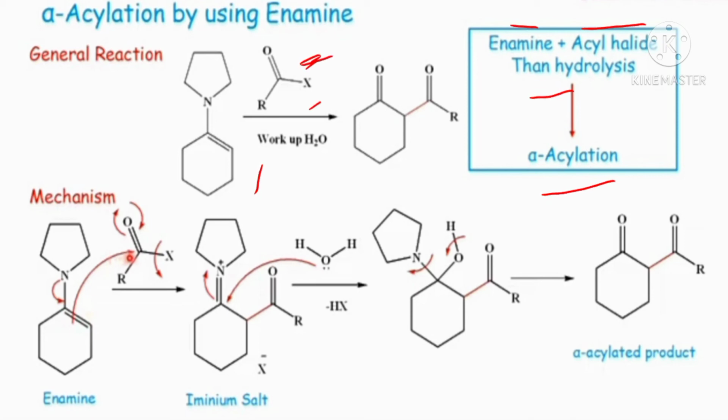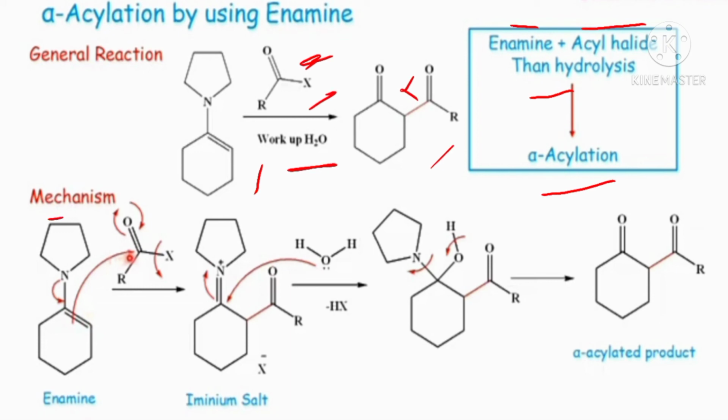Okay, X means any halogen group like fluorine, chlorine, bromine, iodine. Okay, then work up with a water molecule or hydrolysis takes place and here formation of the alpha acylation reaction.